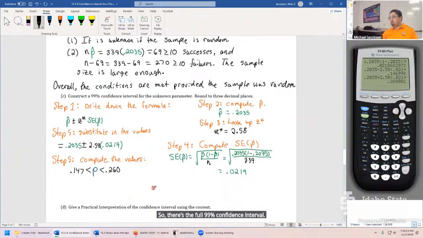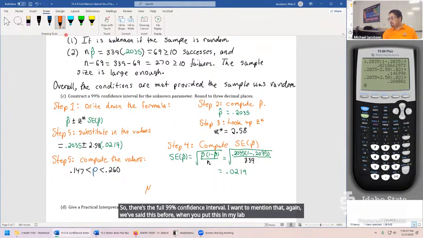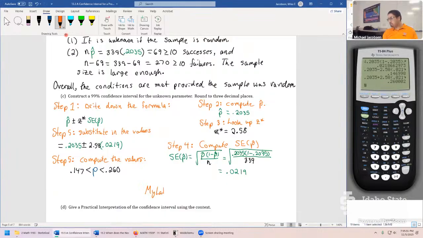I want to mention that, again, we've said this before, when you put this in MyLab Statistics, it's going to give you an interval like this. It looks like this format. You just fill in the lower bound and the upper bound. So you'd put in the 0.147, and then the upper bound, 0.260.